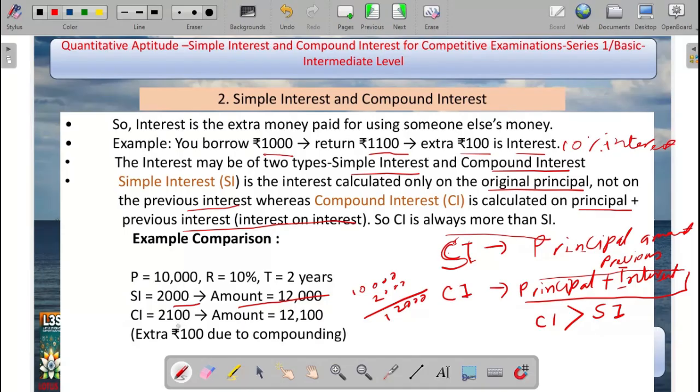But the compound interest will be 2,100, and the total amount will be 12,100. We'll discuss how it comes to 12,100.